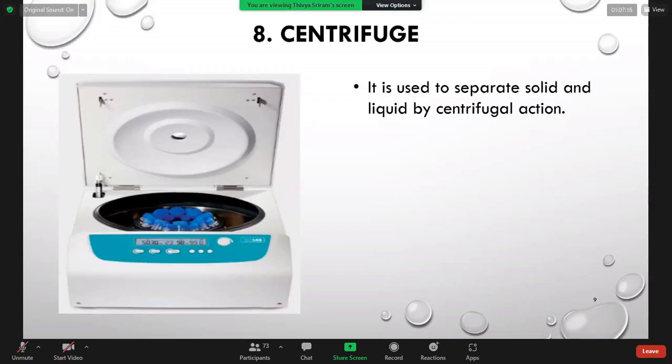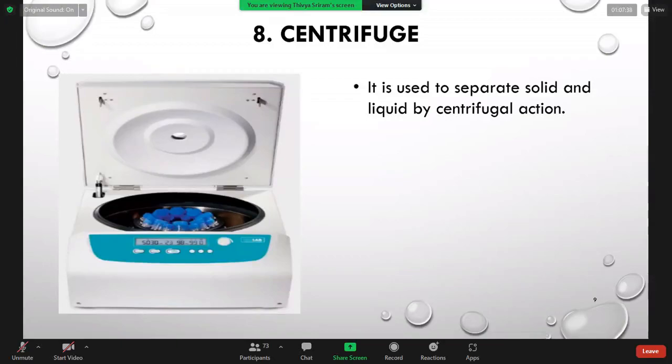We know the blood sample consists of the blood serum as well as the blood cells. If we want to separate the blood serum from the blood cells, we can use the centrifuge apparatus. After placing the sample in the tube, we have to place it inside the centrifuge.